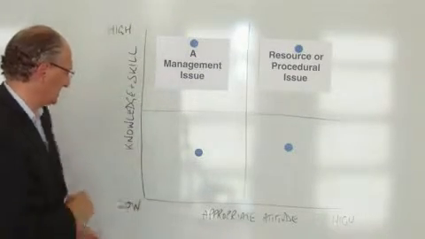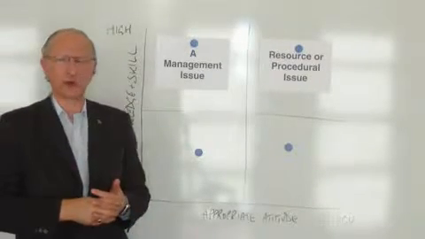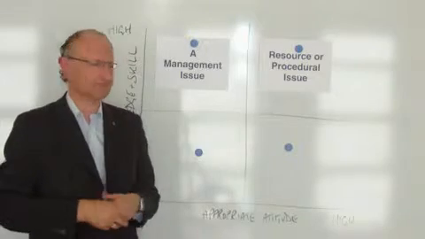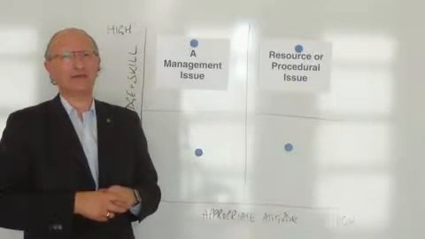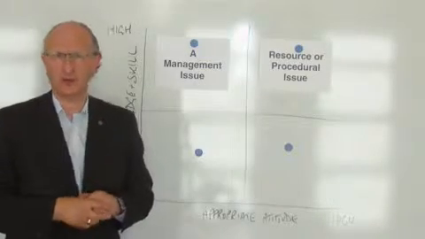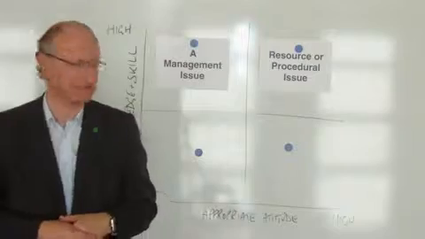Now, the third quadrant is where the individual has been recruited or promoted or transferred into a job, and they are not fulfilling the role or function as we expected.